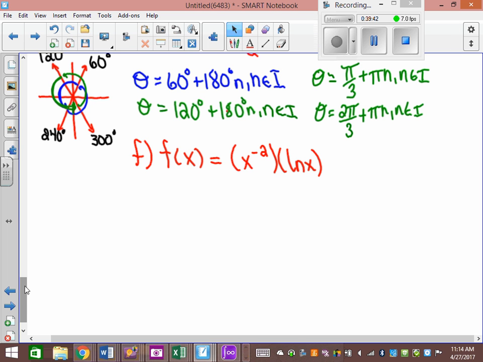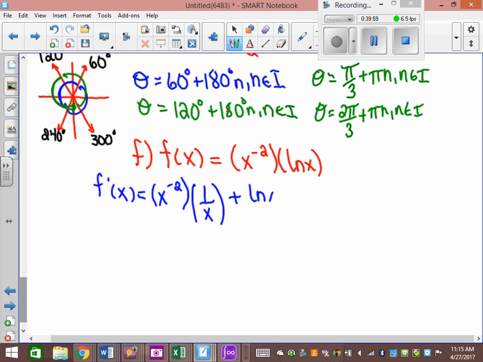So we're going to do this one together. So f prime of x, we do f, which is x to the negative 2, times g prime, the derivative of ln x is 1 over x, plus g, which is ln x, times the derivative of f, which is negative 2x to the negative 3.